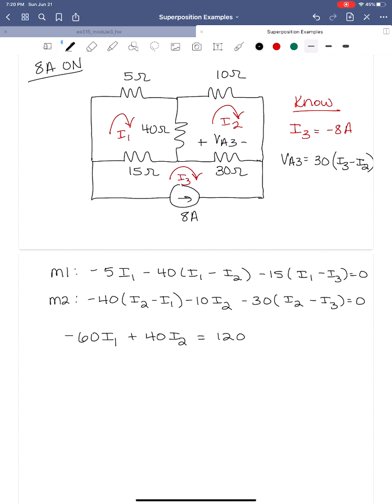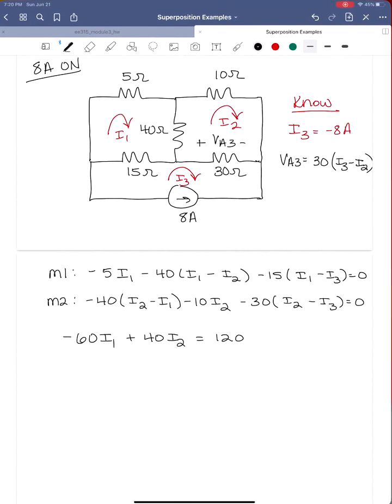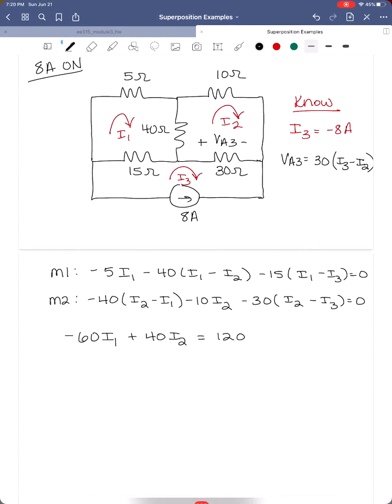And then our mesh 2 equation is going to be 40 I1 minus 80 I2 is equal to 240.